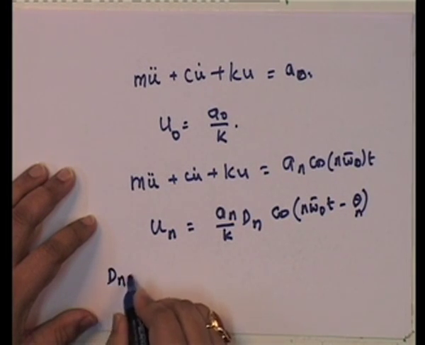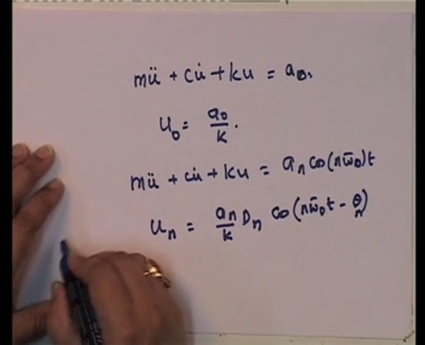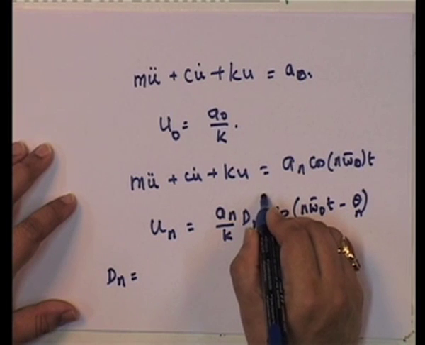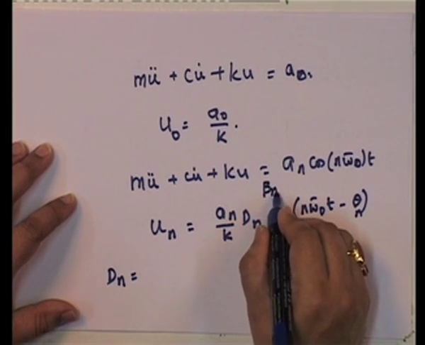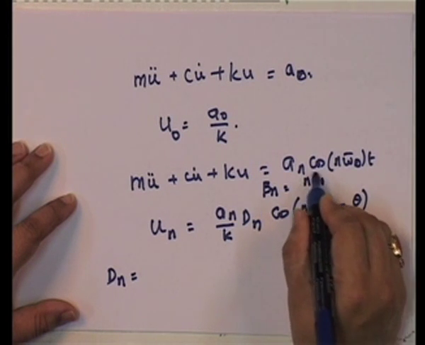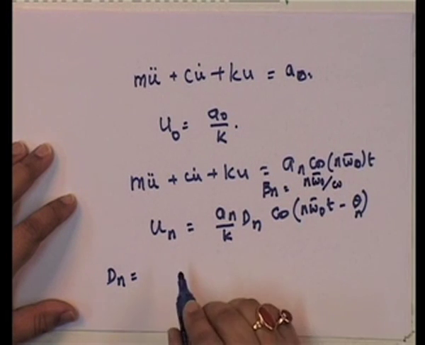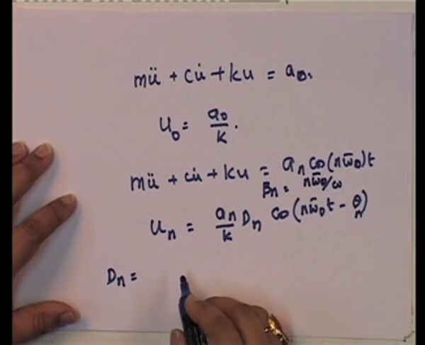d n is equal to, now here I will define a term. What is beta n? Beta n is equal to n omega 0, which is the excitation frequency, divided by omega bar. Okay, that is beta n.